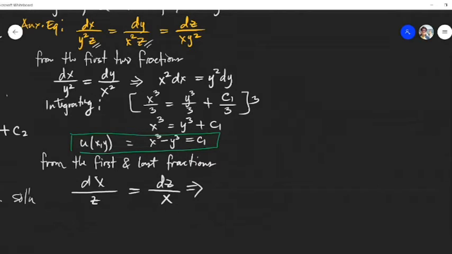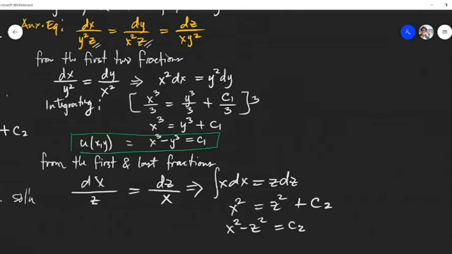And this could be cross multiplied, and we have x dx is equal to z dz. And by integrating this, we have x squared is equal to z squared plus c sub 2. Okay, so we disregard the denominator 2 already. So we have x squared minus z squared is equal to c sub 2, which can be our v of x and z. Functions of z and x only. So this is our second solution.